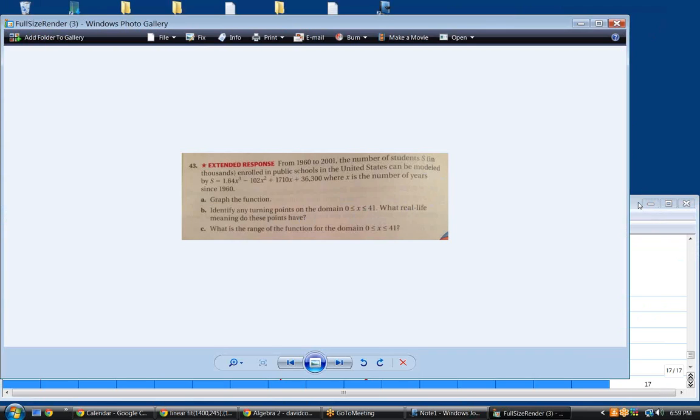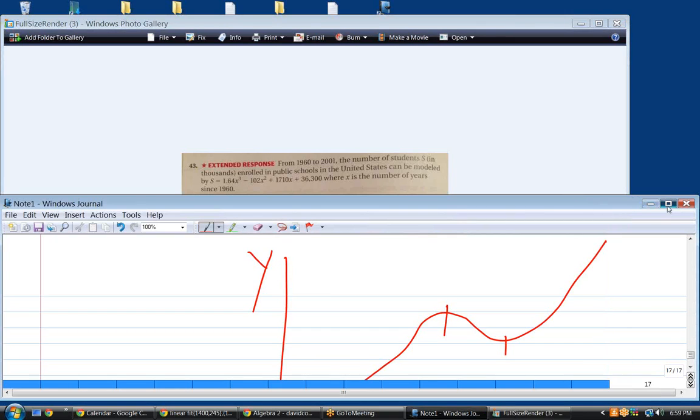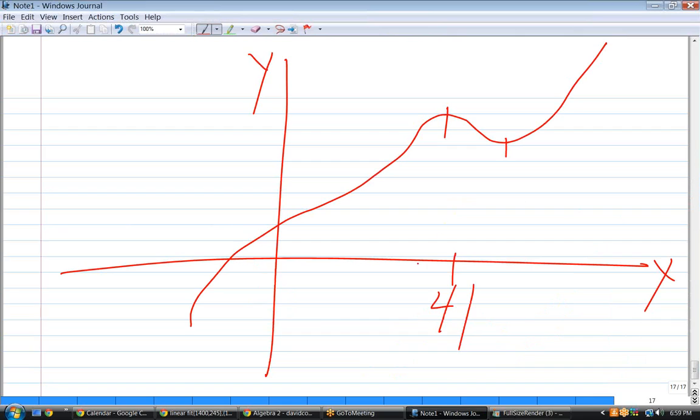What real-life meanings do these have? Well, the real-life meaning of this would be that 40 years after 1960, in other words, from 1960 to 2000, the enrollment did nothing but increase. And then from the year 2000 to 2001, it decreased.